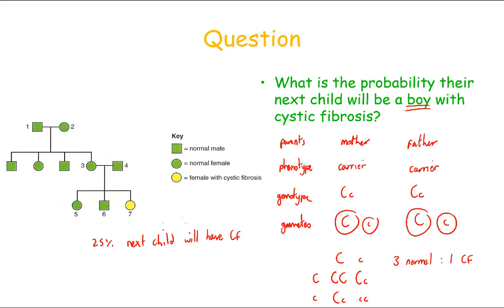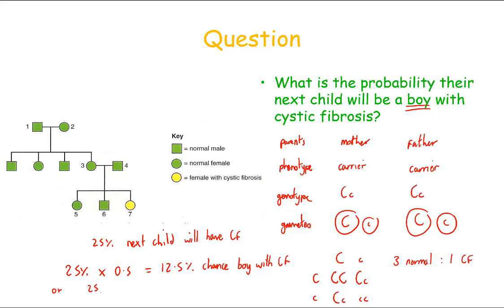It says the next child will be a boy with cystic fibrosis. Now, because there's a 50% chance of having a boy or a girl, you do 25% times 0.5, which is the probability, which equals 12.5% chance that the next child is a boy with cystic fibrosis.